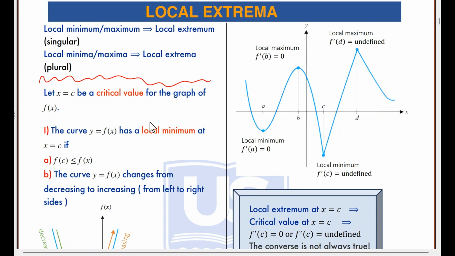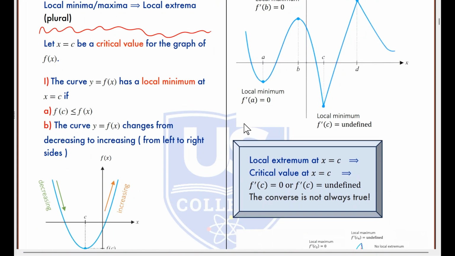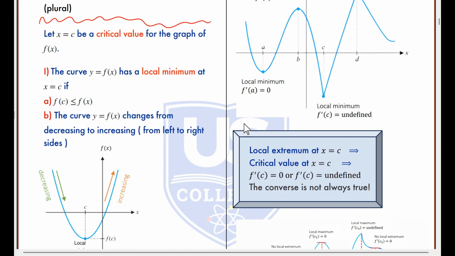So let's talk about how to find local minimum and where local minimum or maximum occur in the graph. First of all, we have to have a critical value. If there is no critical value, we don't talk about local extrema. So when we have a critical value at, let's say, x equals c, then we can have a local minimum if that point is the lowest point around, like in this graph.